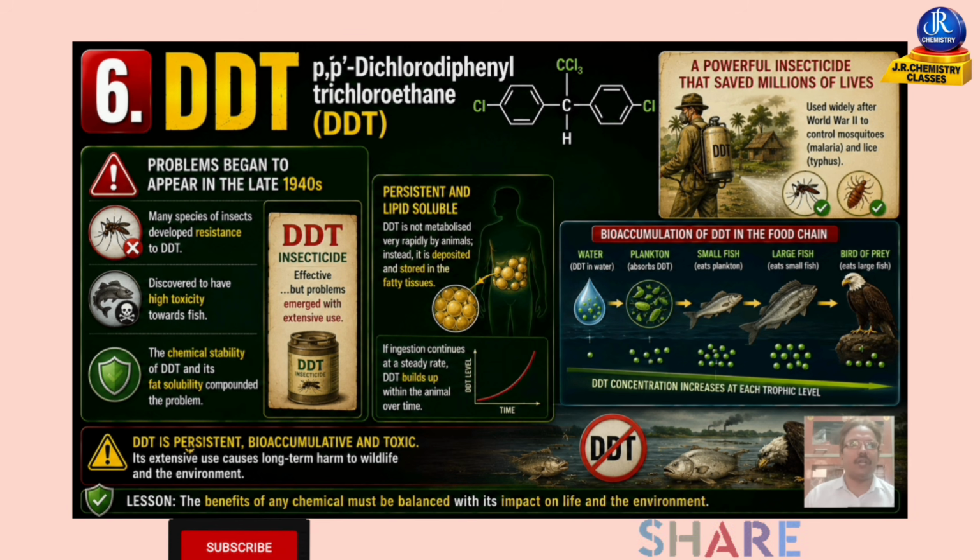DDT is not metabolized very rapidly by animals. Instead, it is deposited and stored in the fatty tissues. If ingestion continues at a steady rate, DDT builds up within the animal over time.